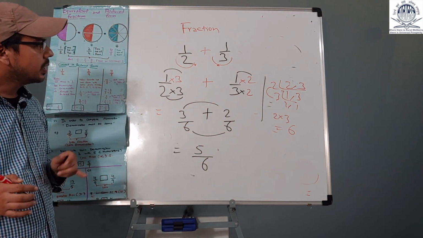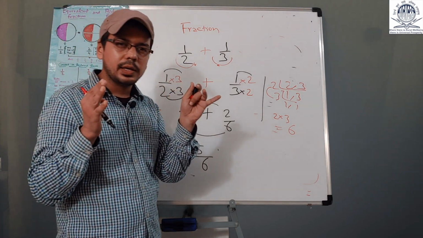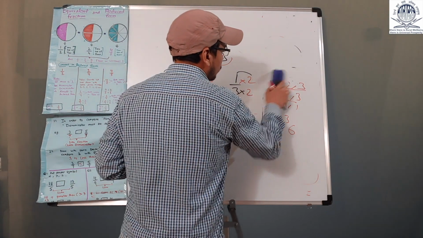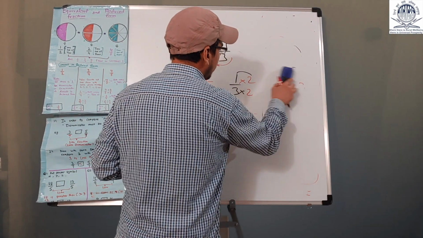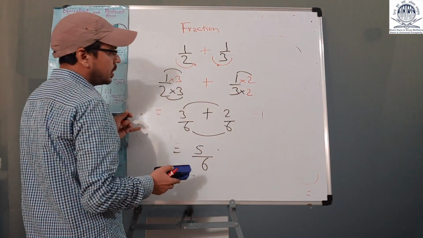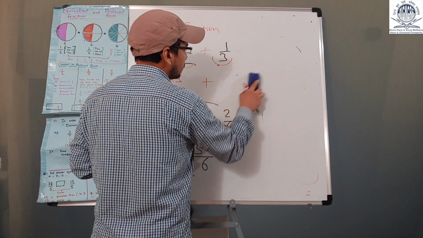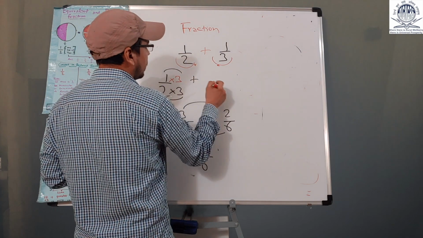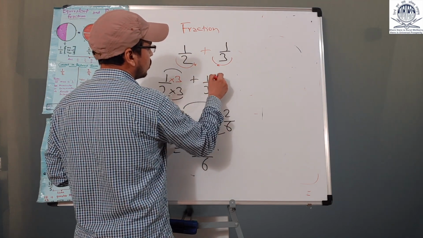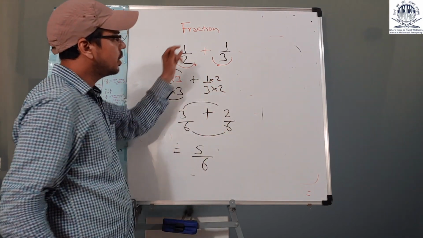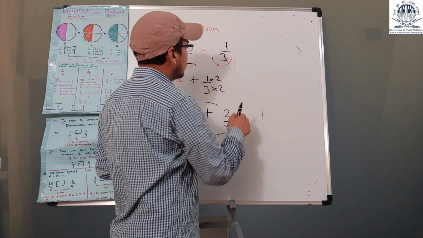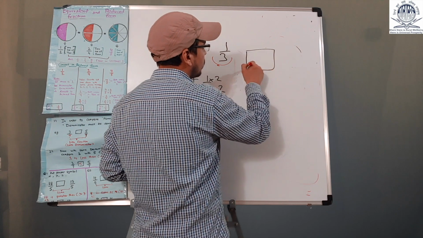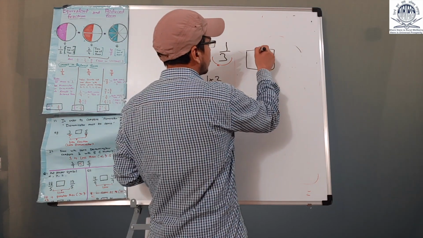But I was just wondering, can we try to do it pictorially? Can we really try to do it pictorially? So I'll just try to do a little experiment for a minute, and probably I'll just rub this over here and make some space and write it again, 1 by 2 plus 1 by 3. Now the experiment could be that what if for 1 by 2, I can divide it into 2 parts like this, let's say.